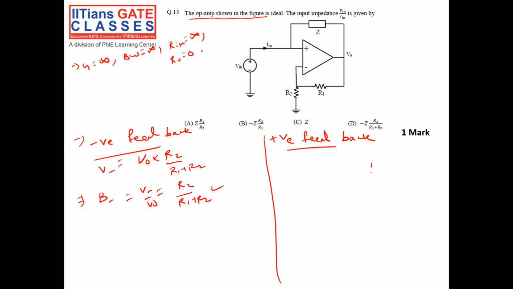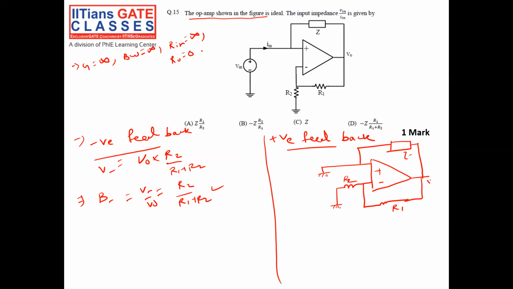So in this case, this is my op-amp, this is the positive terminal, negative terminal, R2, R1. Since I have to short the input, it should be grounded. Then there is a Z.